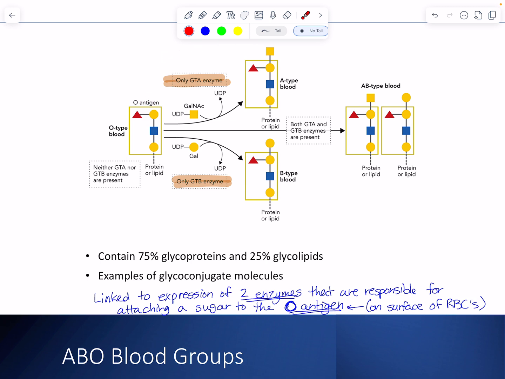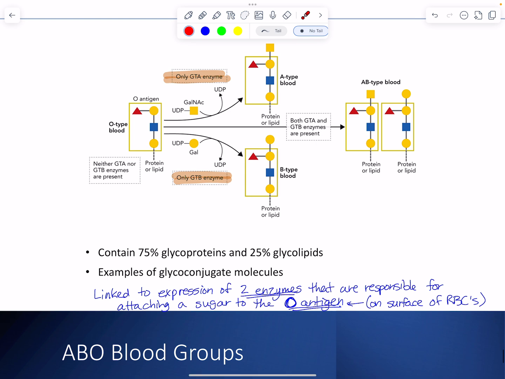I can give blood to an AB type person because they've got stuff that looks like what I have. They cannot give blood to me because they have the B antigen. So it's all based off of whether your immune system is seeing something different than it knows itself to be.